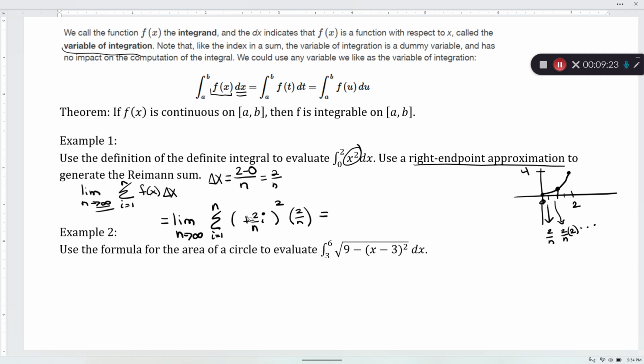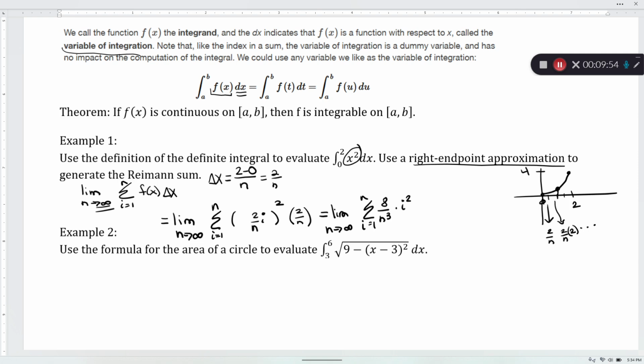This right now is basically 4 over n squared times i squared times 2 over n. So in other words, 8 over n cubed times i squared, and we're going from an i value of 1 to n.